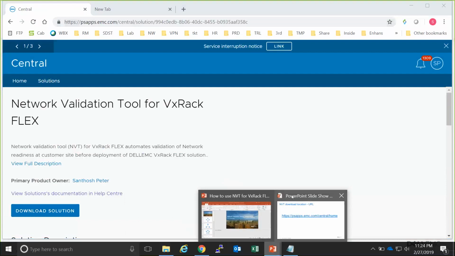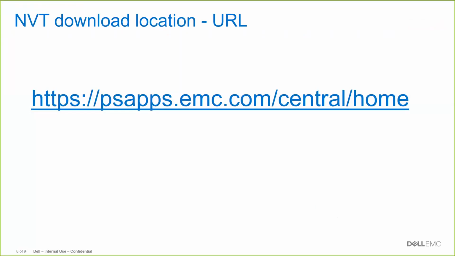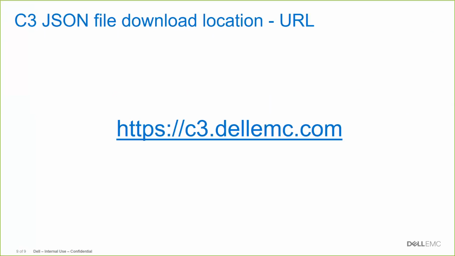One additional piece of data required to run NVT is the C3 JSON file. So now I'm going to the C3 portal to download the required JSON file.